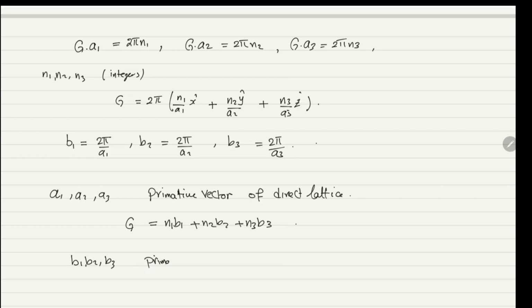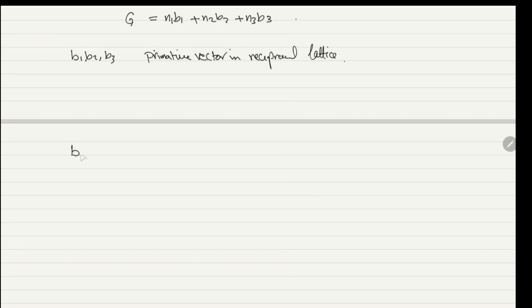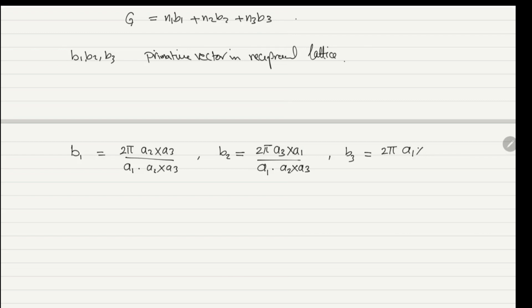So primitive in reciprocal lattice. These primitive vectors are given as B1 equal to 2 pi A2 cross A3 as vectors here, divided by A1 dot A2 cross A3, and B2 is defined as 2 pi A3 cross A1 divided by A1 dot A2 cross A3, and B3 is defined as 2 pi A1 cross A2 divided by A1 dot A2 cross A3.